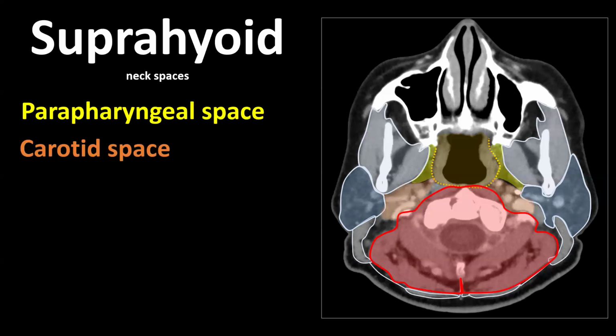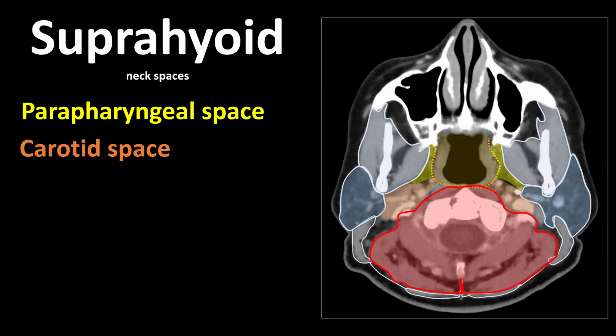Anteriorly of that, we find the parapharyngeal space. The parapharyngeal space contains mostly fat, is located laterally of the pharyngeal mucosal space and medially of the parotid space and the masticator space. So it's basically located centrally between a lot of spaces, making this a very important space when it comes to trying to recognize where a lesion originates from.